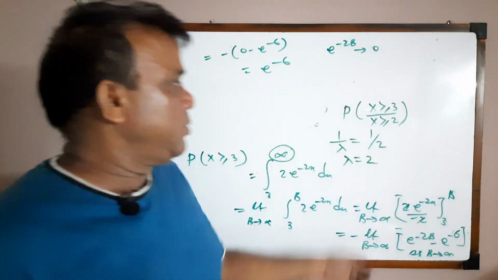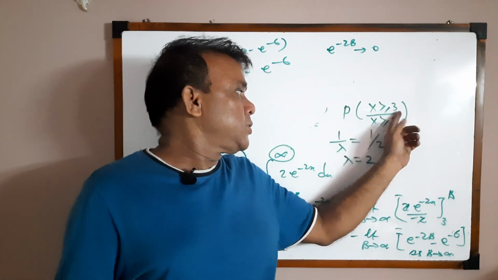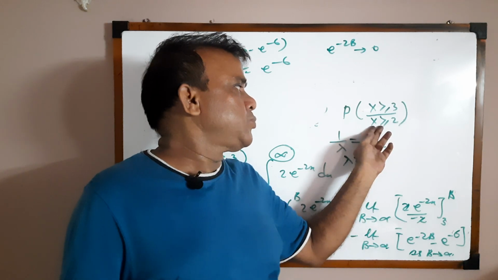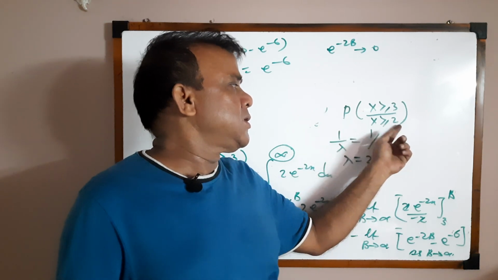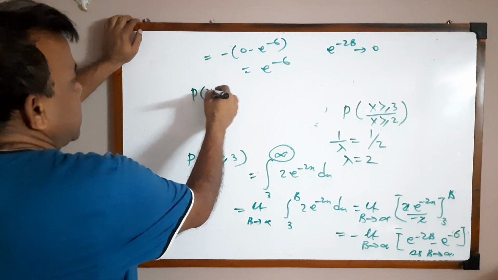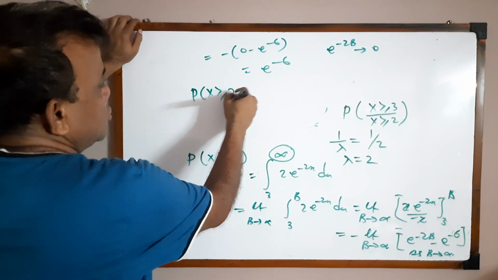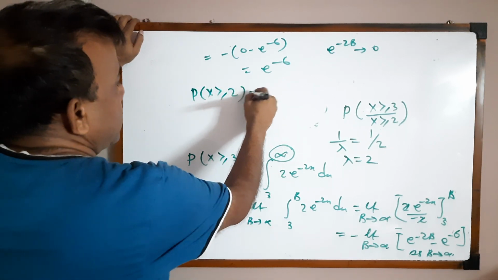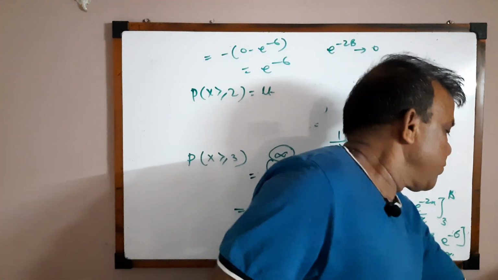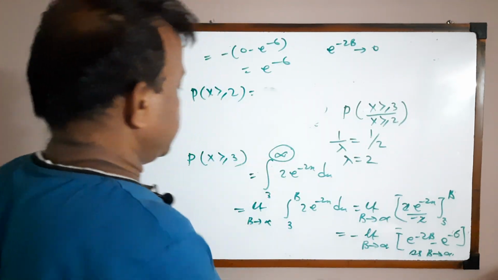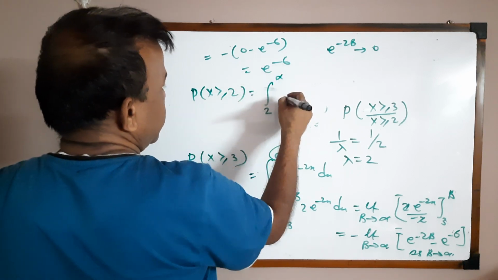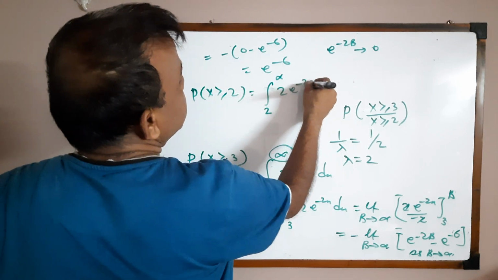To find the probability X greater than or equal to 3 divided by X greater than or equal to 2, first of all we have to find the probability X greater than or equal to 2. Similarly, integration from 2 to infinity of 2 e to the power minus 2x dx.